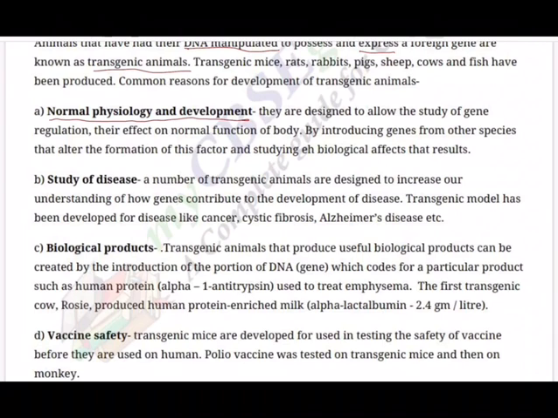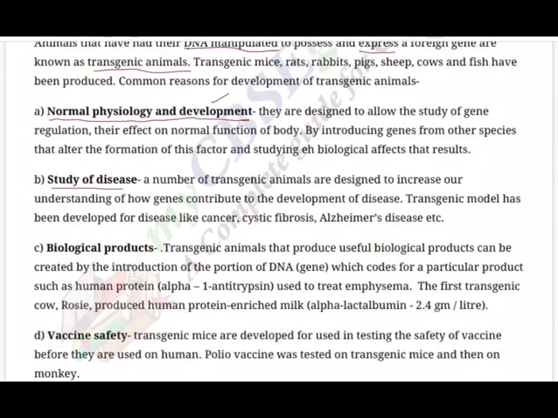By introducing genes from other species that alter the formation of this factor and studying the biological effects that result, information is obtained about the biological role of the factor in the body. So basically we are testing the physiology of an animal, and how the introduction of a gene of interest affects the physiology and overall development of that particular animal. This is the main reason we are doing this.